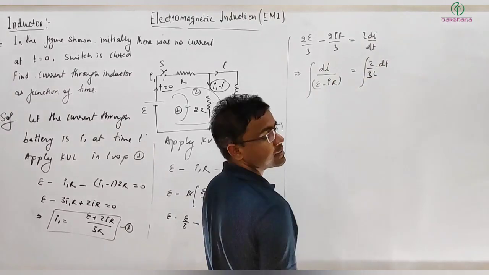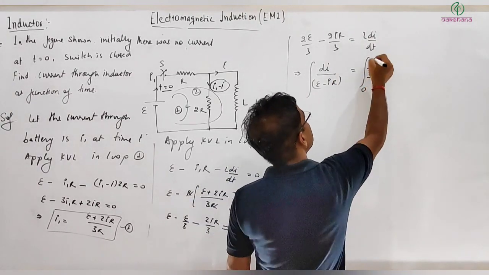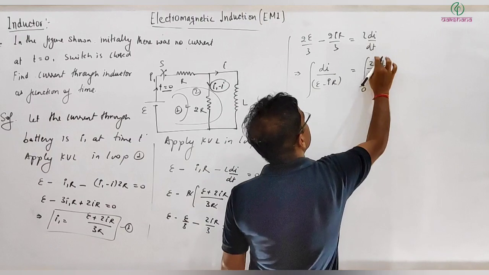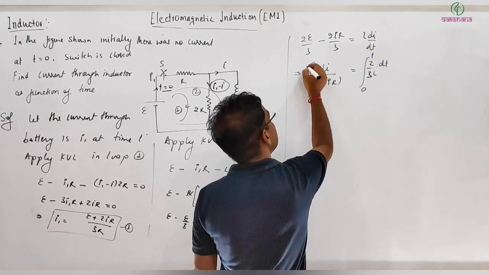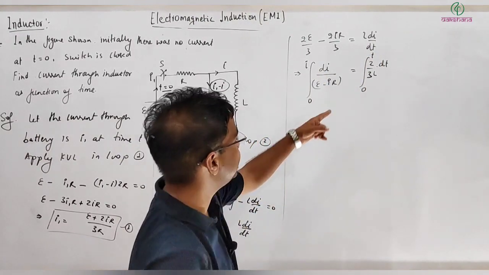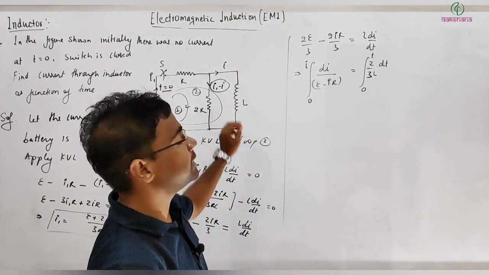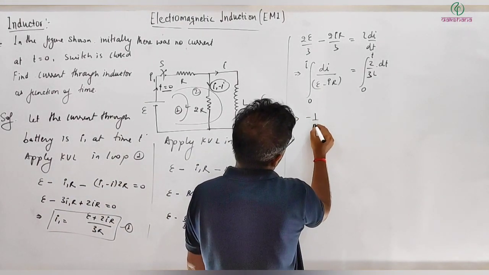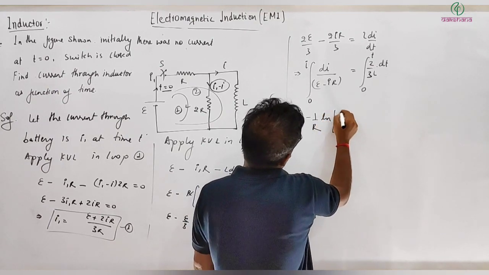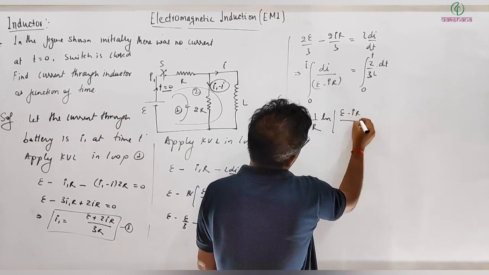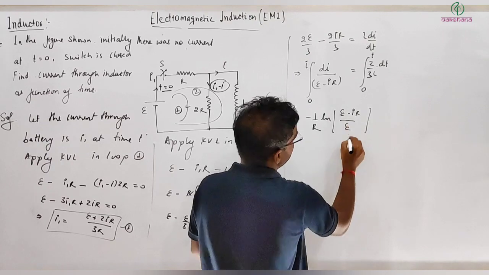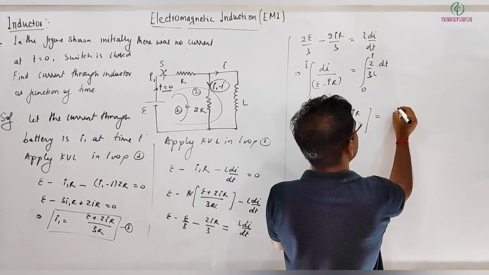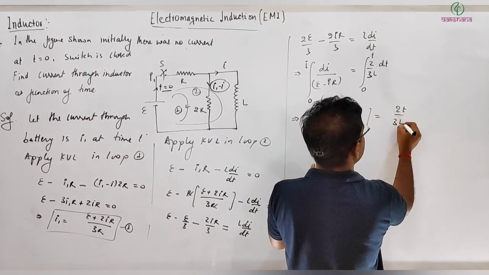Rearranging it, we are getting this from 0 to t, and here it's 0 to I current, because initially at t equal to 0, current in the inductor is 0. So integrating it, it's minus 1 upon R ln (E minus IR), and if I substitute the limit, then it will be ln of (E minus IR) by E equal to minus 2Rt by 3L.